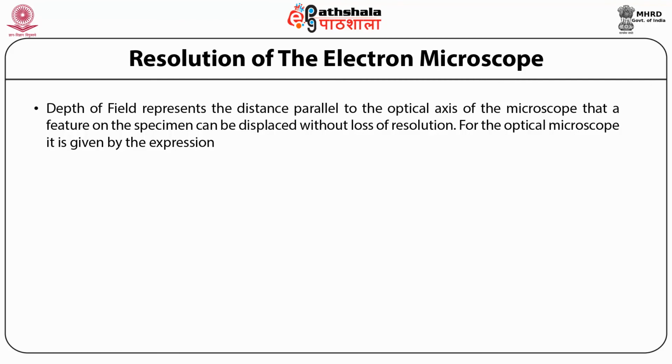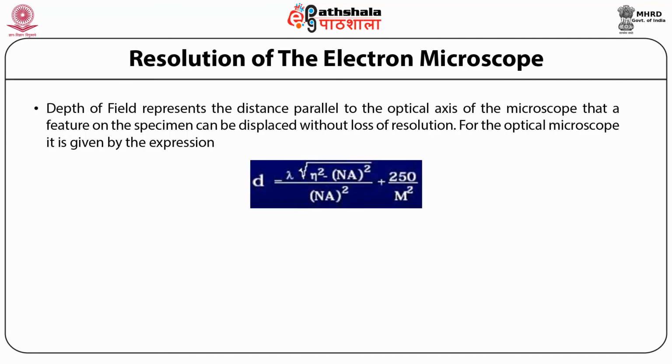Depth of field represents the distance parallel to the optical axis of the microscope that a feature on the specimen can be displaced without loss of resolution. For the optical microscope, it is given by the expression d is equal to lambda multiplied by square root of beta square minus NA square divided by NA square plus 250 by M square.